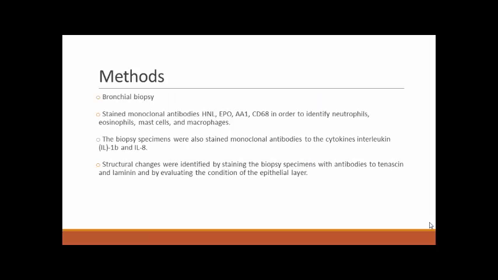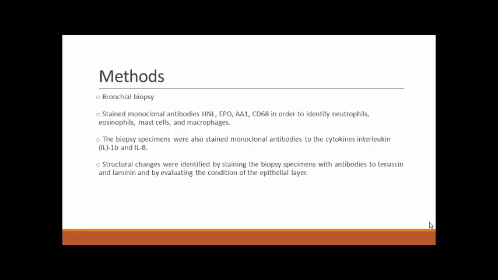The study was done with a bronchial biopsy, and those biopsies were stained with different types of monoclonal antibodies which identify neutrophils, eosinophils, mast cells, as well as macrophages. They were also stained with another type of monoclonal antibodies that identify interleukin-1 and interleukin-8.